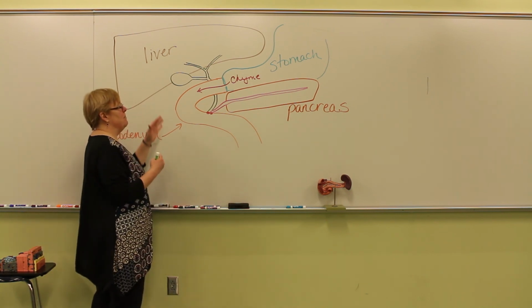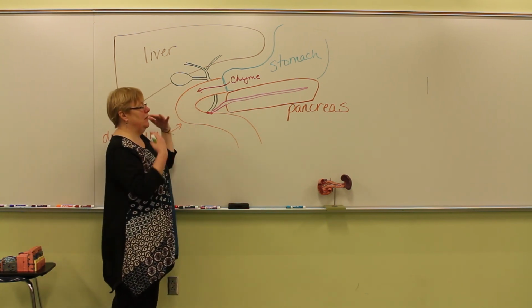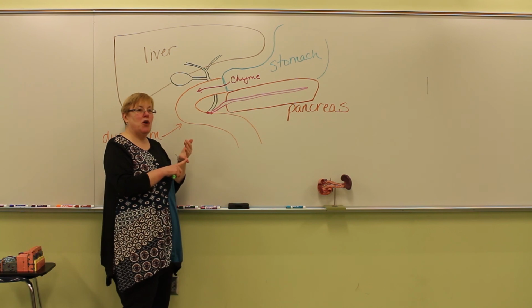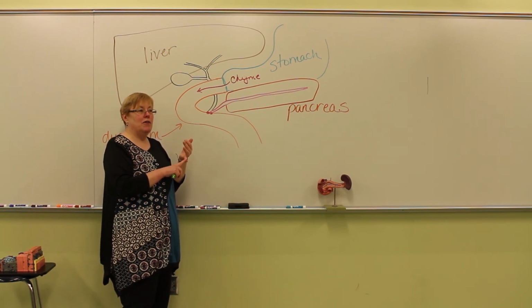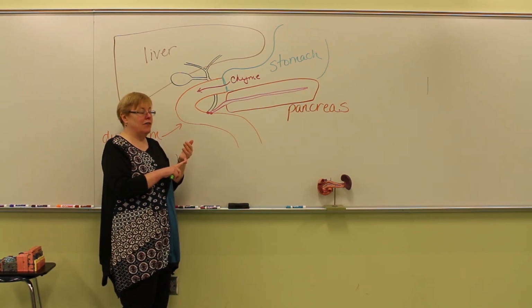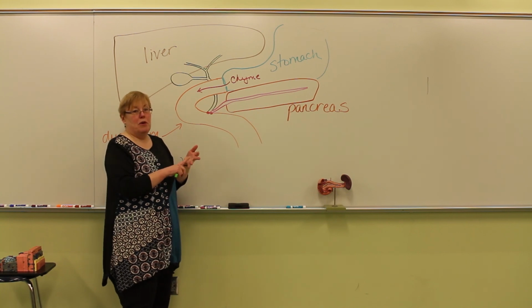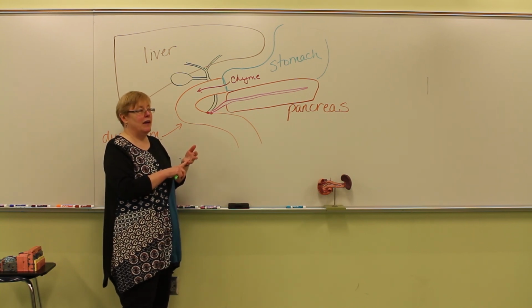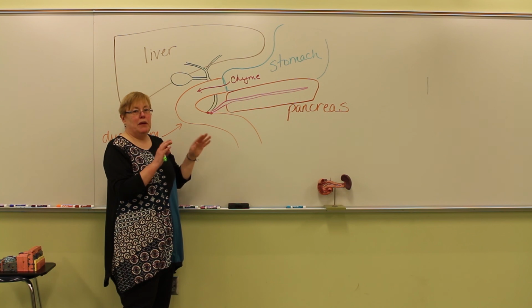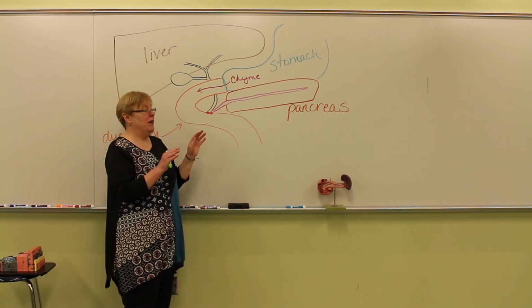As the chyme is coming in, let's sum up where we are. We've done some carbohydrate digestion in the oral cavity and the esophagus. We've done some protein digestion in the stomach, and we've done a little bit of lipid digestion in all of those places.